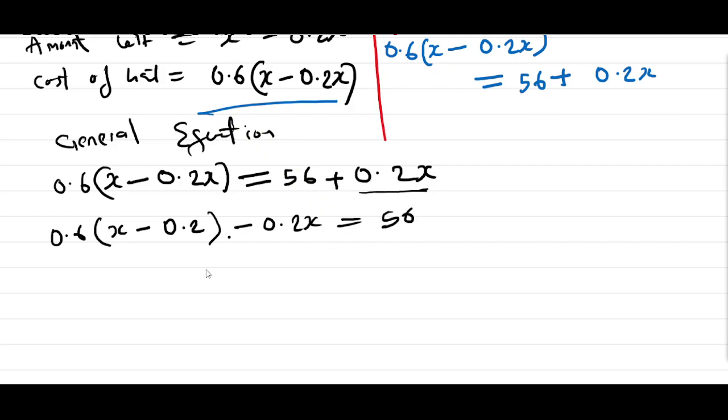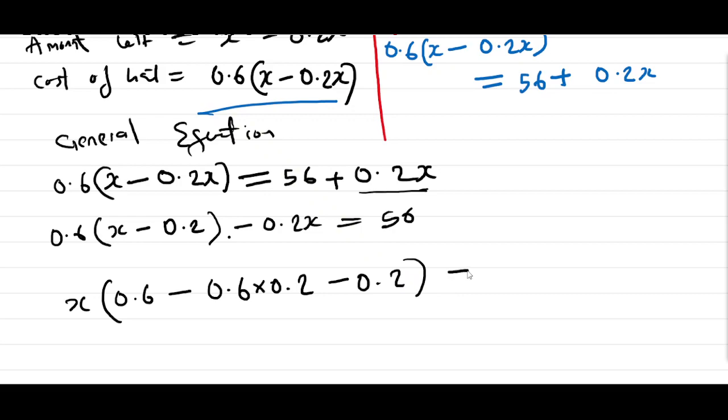What we should have then will just be x totally. Then we now have 0.6 here. Then we have minus 0.6 multiplying 0.2. Then we now still have minus 0.2, and then all of them being equals to 56.